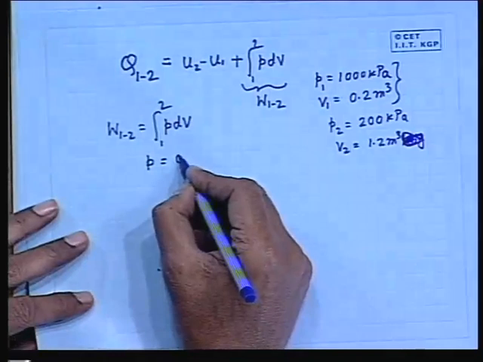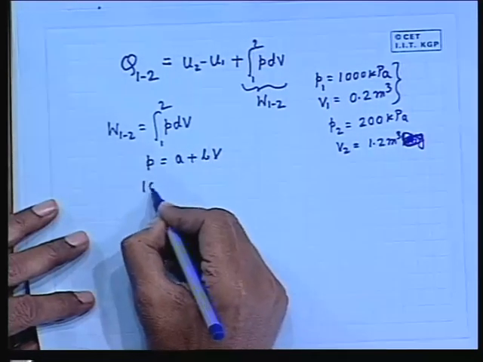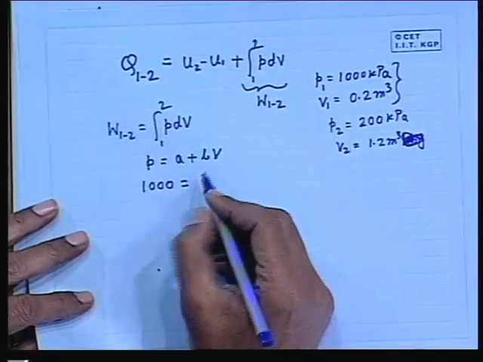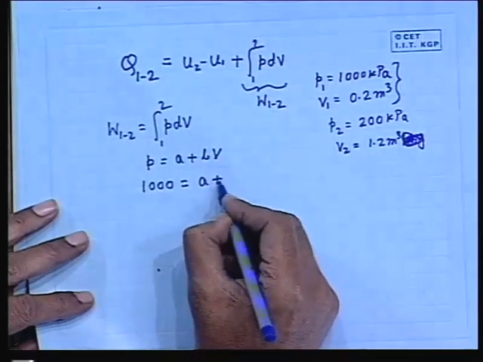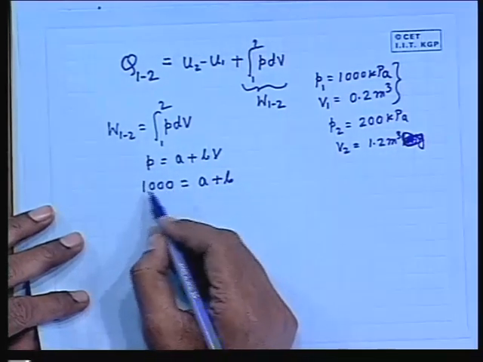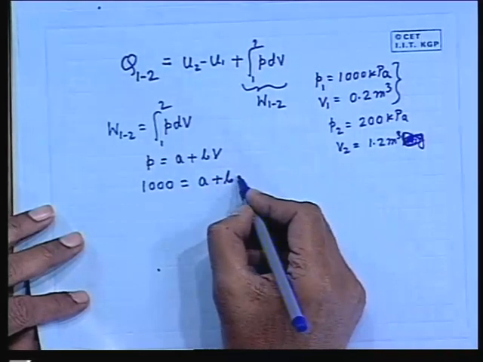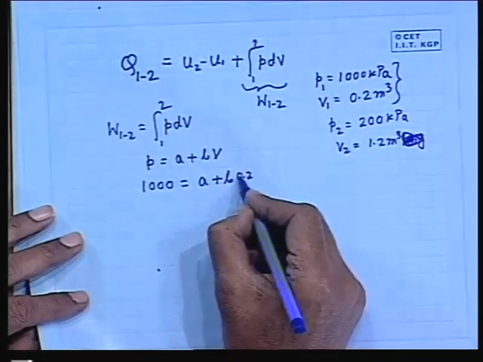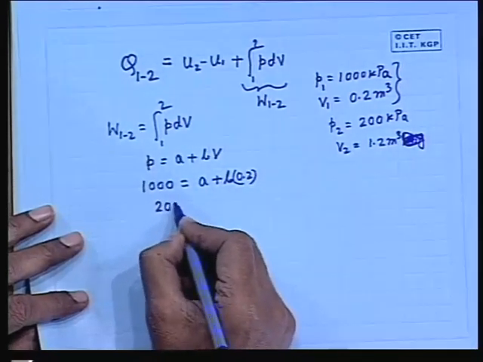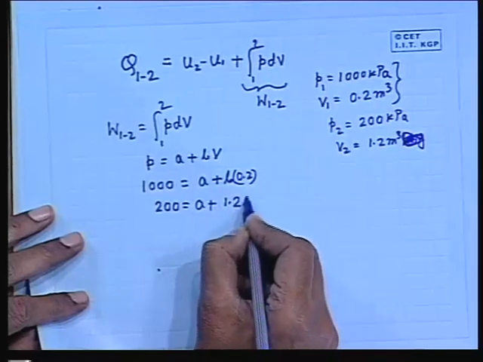Now, substitute into P is equal to A plus BV. We will write 1000, in kilopascals, accordingly the unit will come, is equal to A plus B into 0.2, because I am not converting it into pascals by multiplying with 10 to the power 3 unnecessarily, the number will be very high. V in meter cube. And then we write 200 is equal to A plus 1.2B.